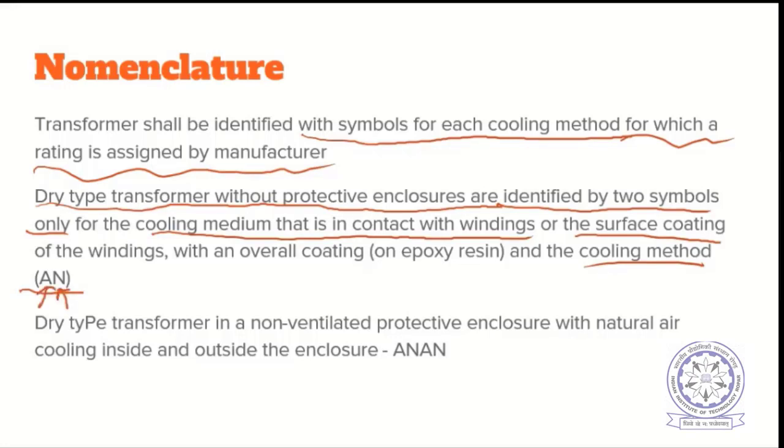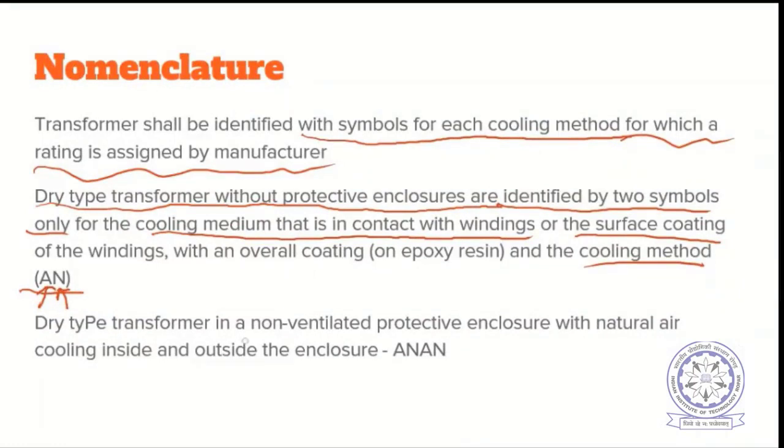So air natural. A transformer which does not have a tank is identified by two symbols only. The first symbol is the cooling medium that is in contact with the overall coating of the windings. And the second symbol is the cooling method, natural or forced or whatever it is.